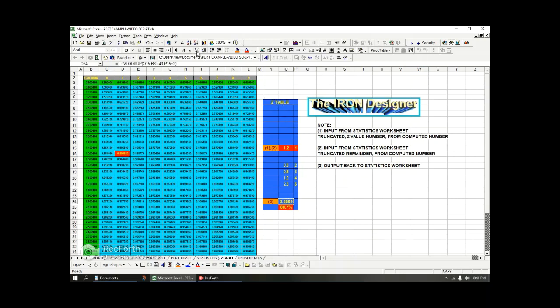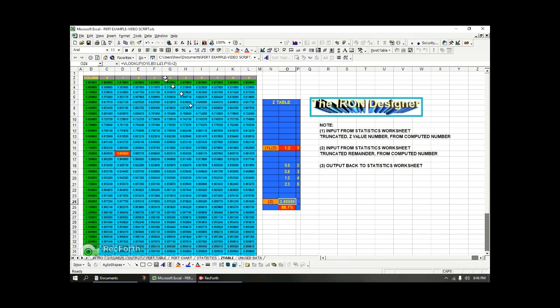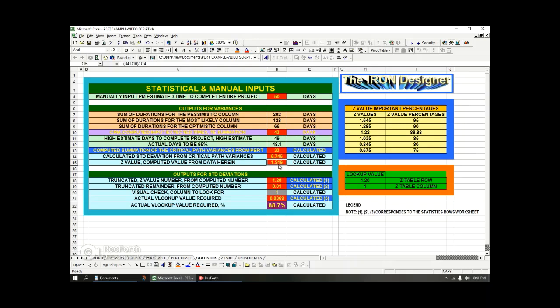It's right here. If I expand that, you can see the number from the Z table chart. It's just pulling the number from the table. All I did is truncate it down, and then I converted it to a percent.